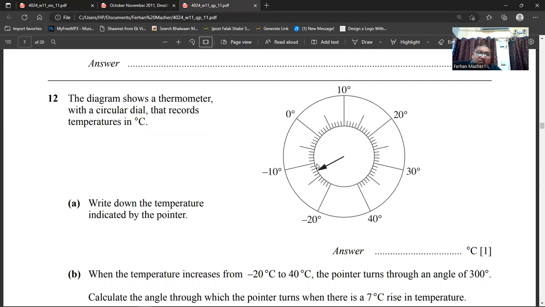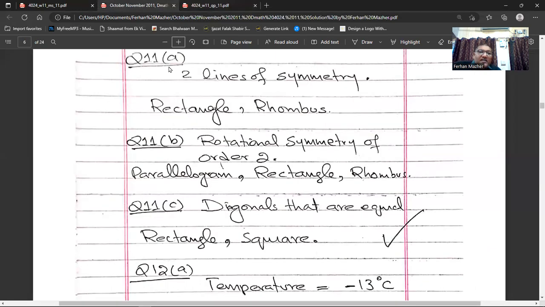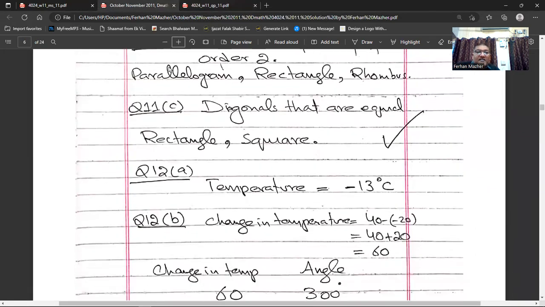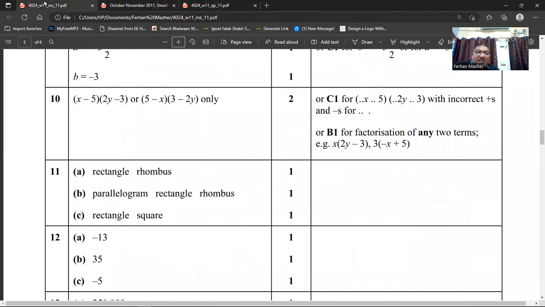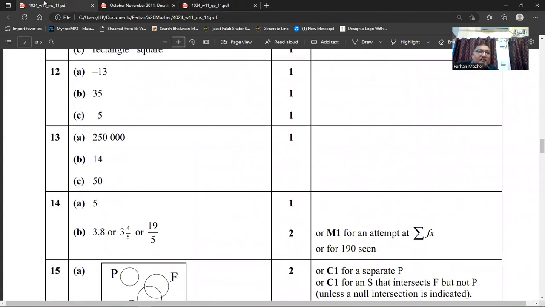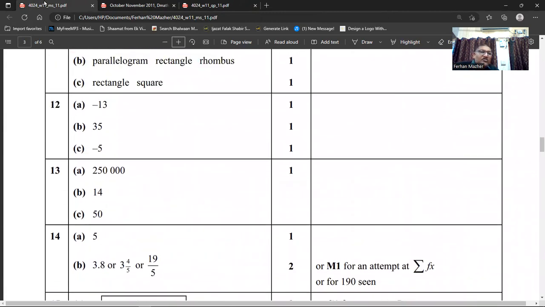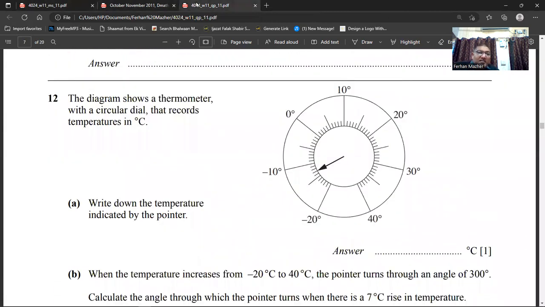This is -20. So right now it is at minus how much? -13. The temperature showing here is -13. Can you see that? Question number 12, the answer is -13.